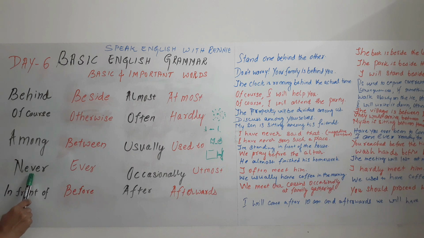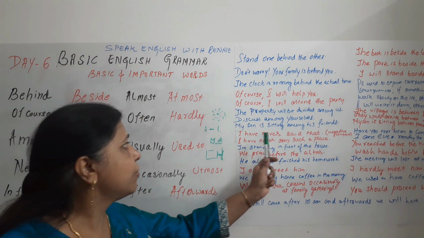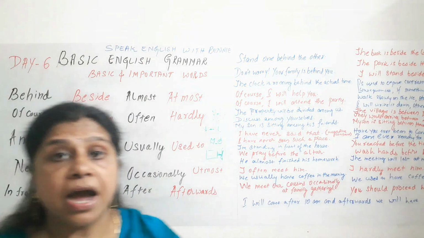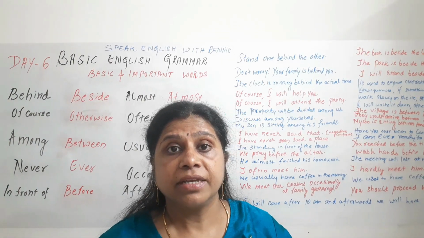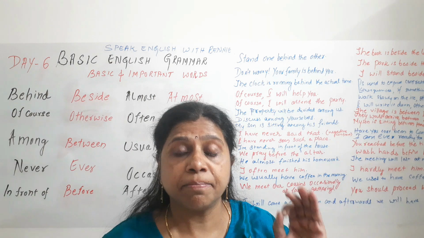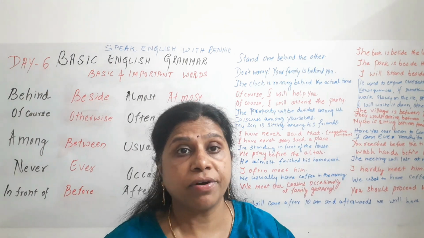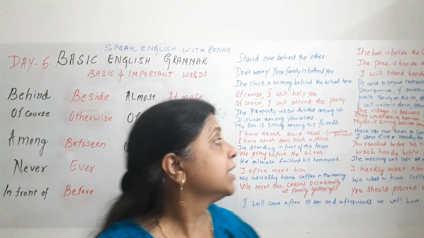Alright, let us see in the sentence. I have never said that. I have never said that means not a single time. It's the absence of action in present or past. Not a single time, never.